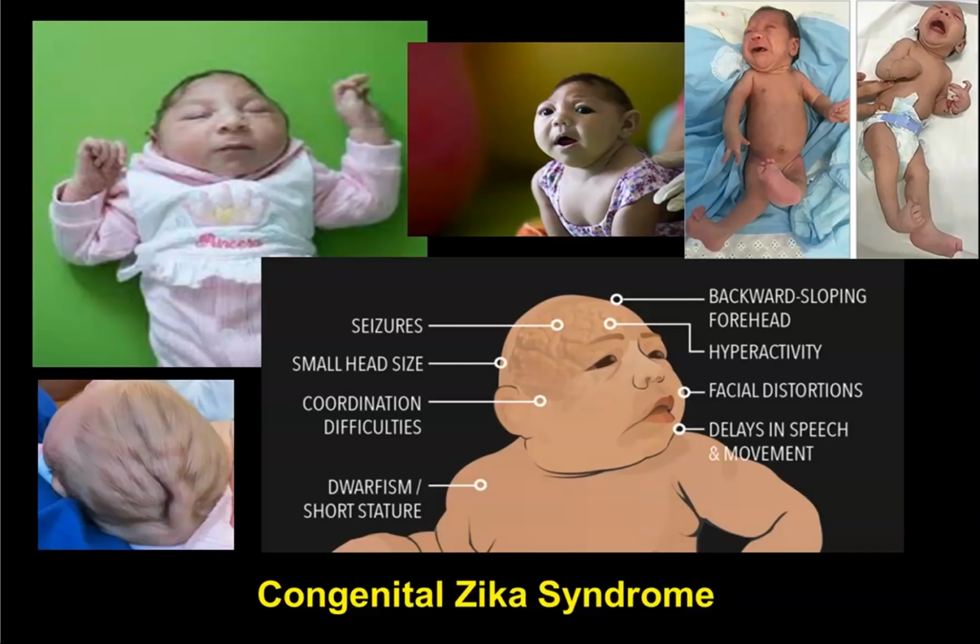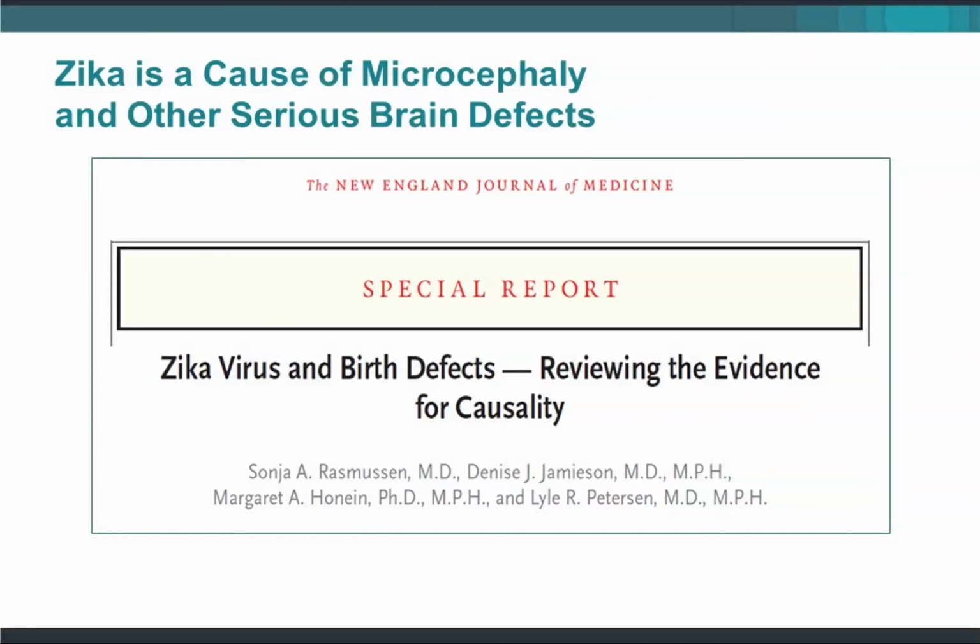And very commonly also a very typical chorioretinitis, where ophthalmologic evaluation was critical. And this was well described in the New England Journal report that Zika is definitely a cause of microcephaly and other serious brain defects. And this article reviews the evidence for causality of the Zika virus.